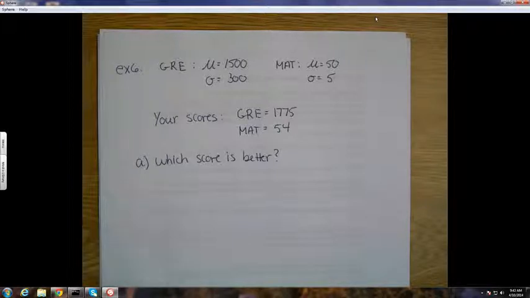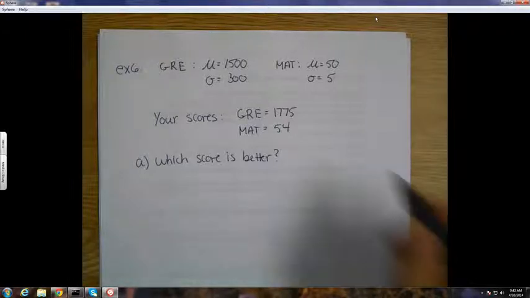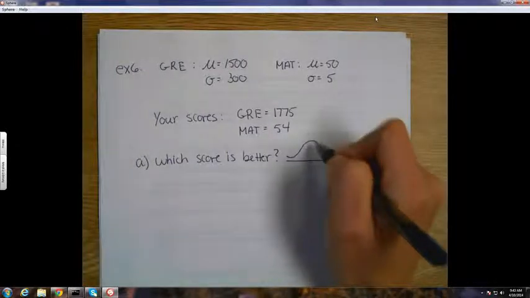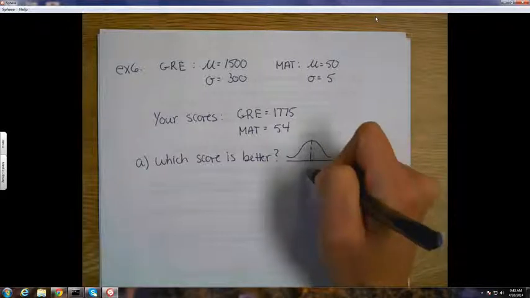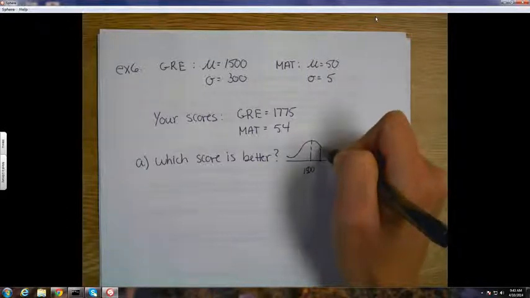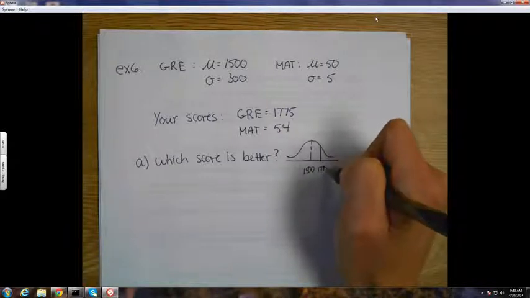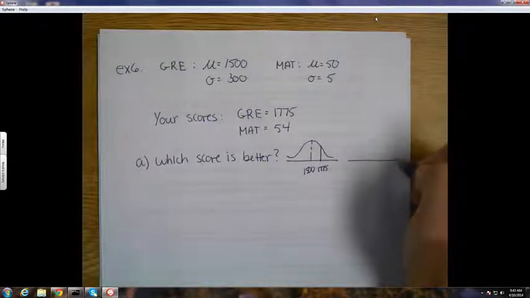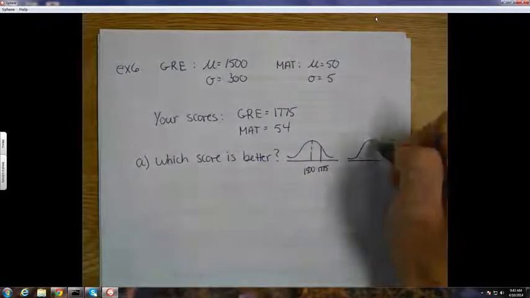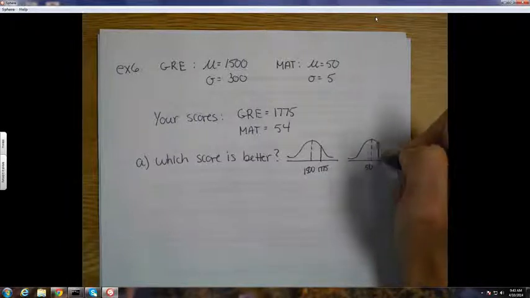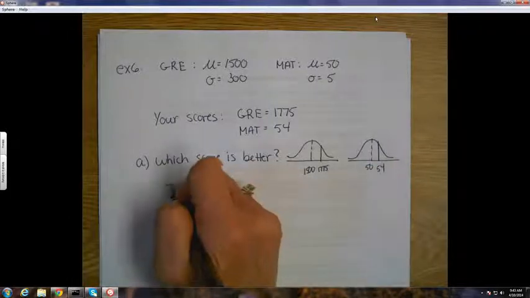So if I convert them both to z-scores, we'll start with the 1,500, and you got a 1775, let's see what z-score that is versus both normal, 50, and then you got a 54. Let's see what the z-score for each one is.